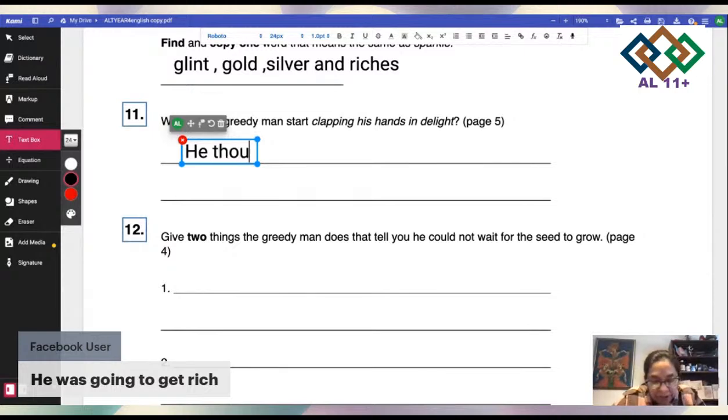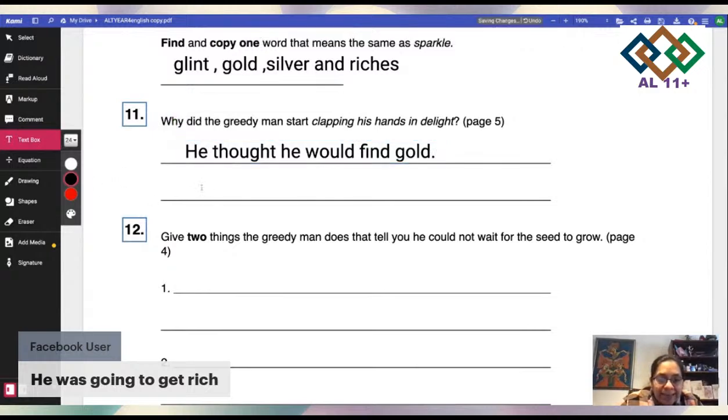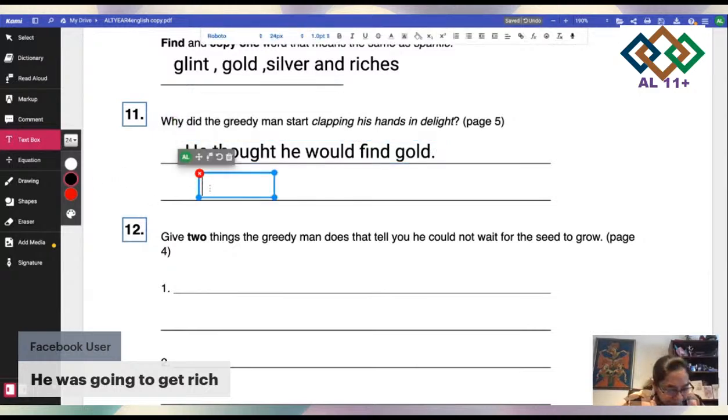Because he thought he would find gold. And the second reason is he was really happy.